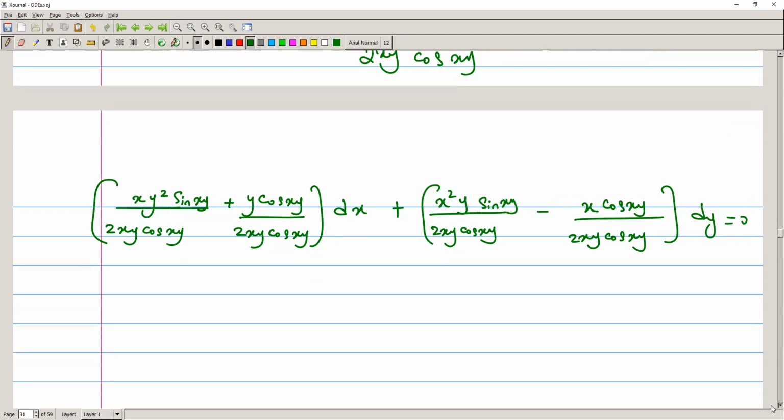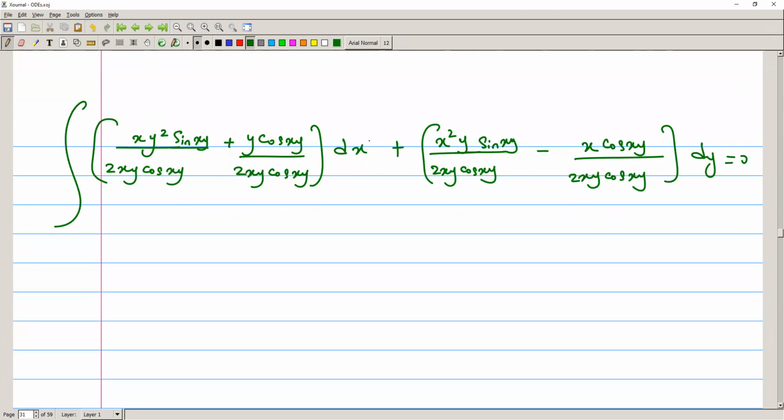So we can now integrate these functions simply by making y constant, because we know this equation is exact. So y is constant and every function of x is 0, or function of xy, wherever x is involved.